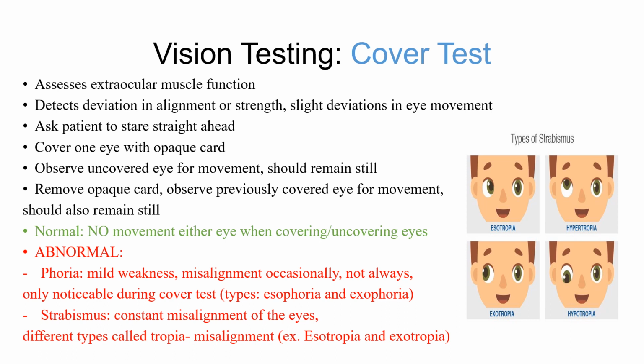But when you cover up the eye that's not malaligned, you would expect that esotropia or exotropia eye to accommodate and come to the center. It's very interesting how your eyes can possibly compensate. But again, if there is no compensation, the eyes don't move, even when covered and uncovered, that's a constant malalignment and it's strabismus.